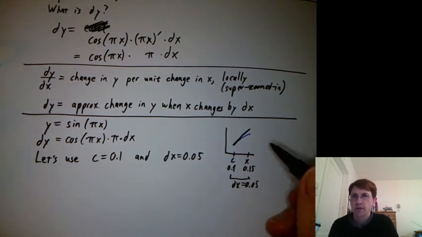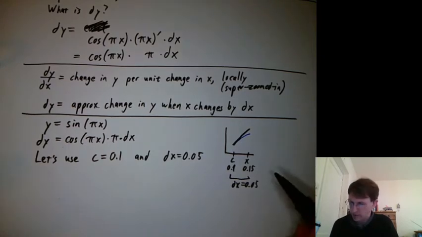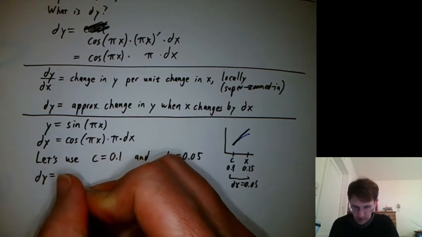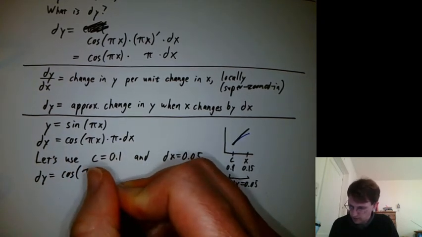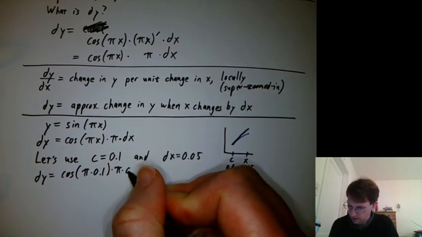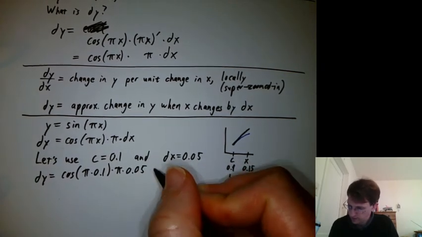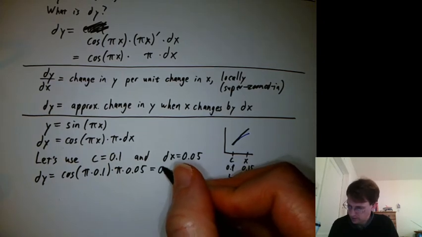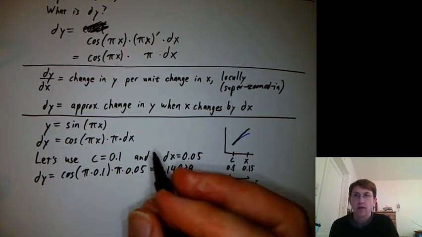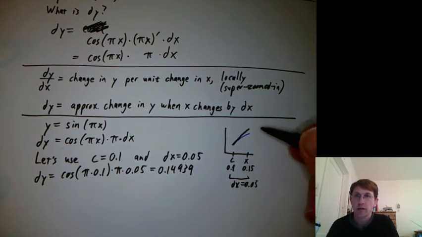I'm kind of exaggerating here. Maybe we'll do it on Desmos later to see what it really looks like. So dy equals cosine pi times 0.1 times pi times 0.05, which if you do all that arithmetic, you get 0.14939. So that's dy, the approximate change from here to all the way up here.